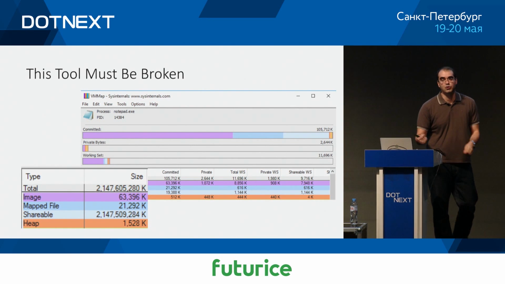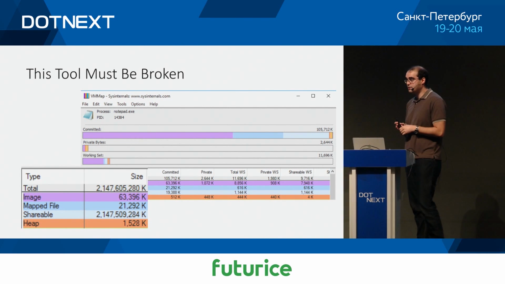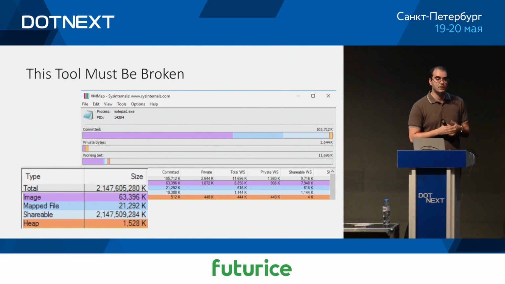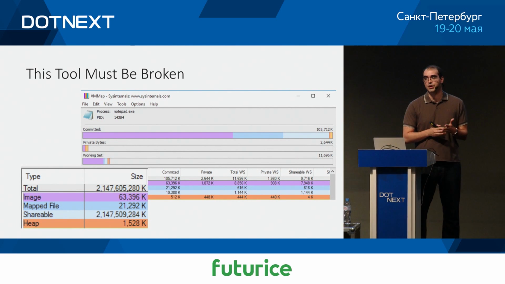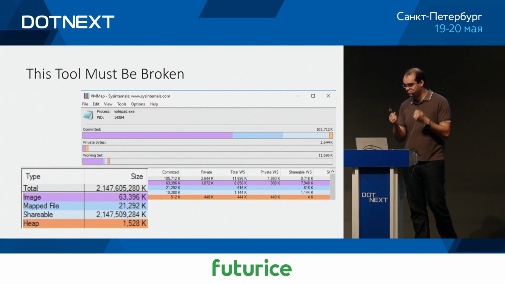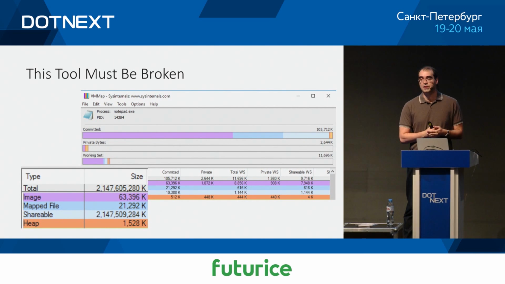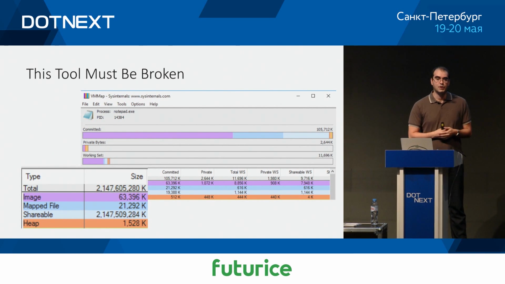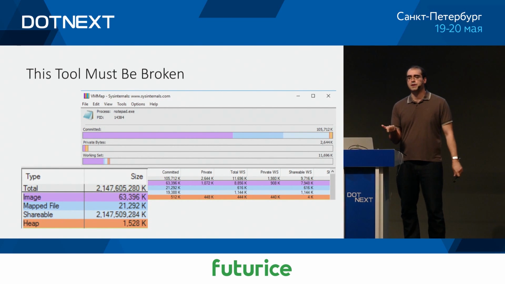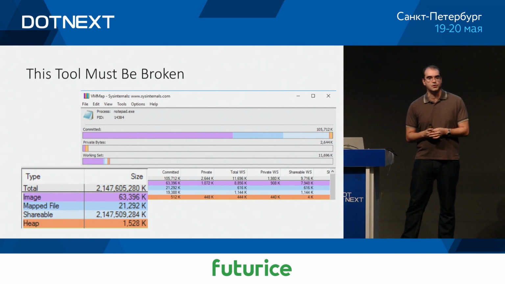This might be a little more mysterious to some of us. So it turns out that recent versions of Windows on 64-bit processes have a security feature called CFG, Control Flow Guard. Some of you may have heard of it. If you have, great. If you haven't, it's also fine, because it's mostly relevant for unmanaged code. But what Control Flow Guard does is it reserves in your address space 2 terabytes for the bookkeeping information this security feature needs.